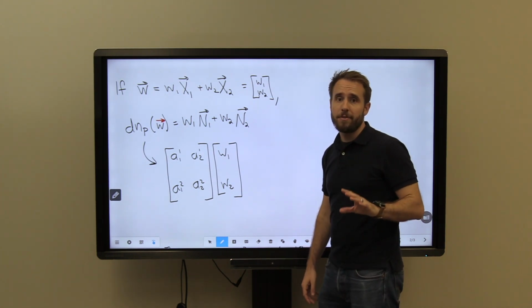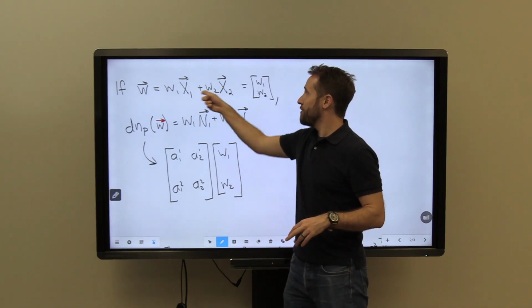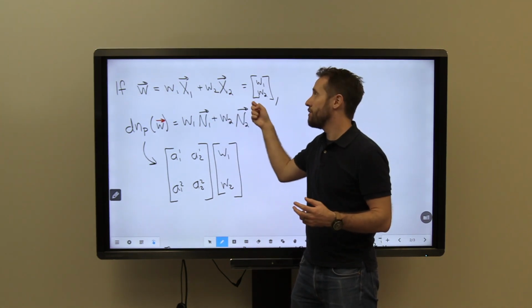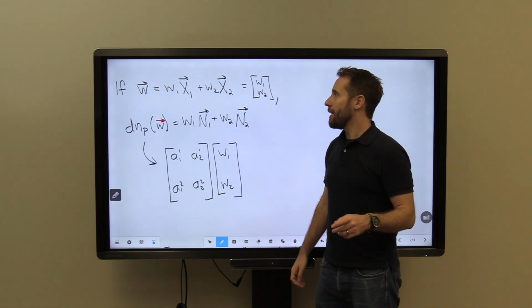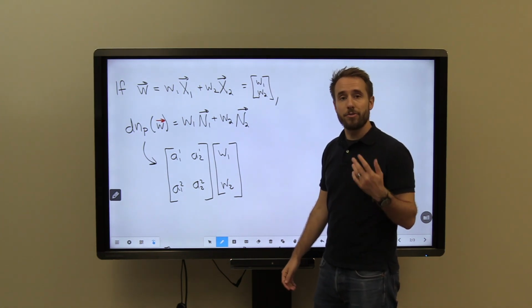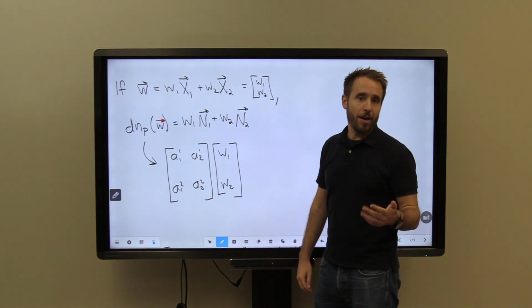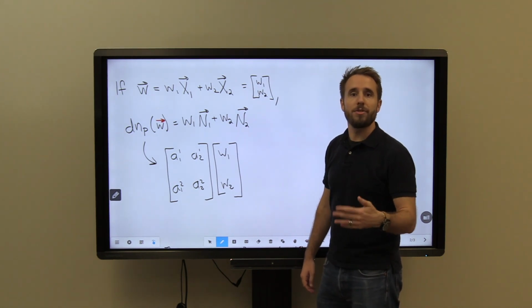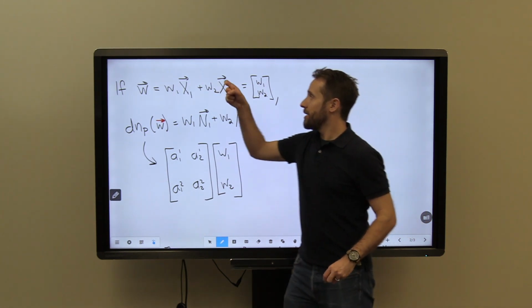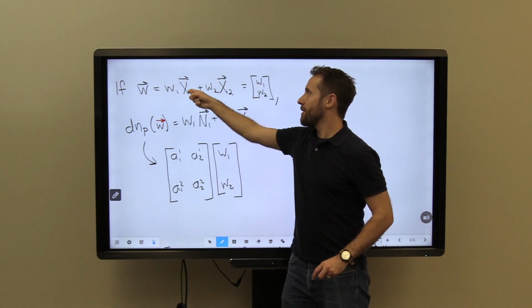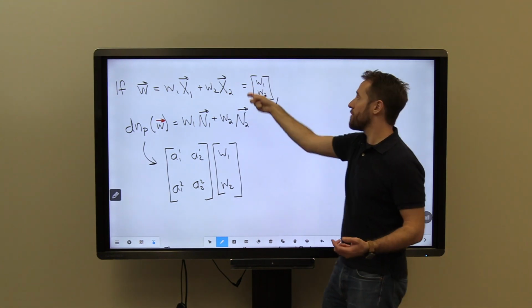Now, for this video, I'm going to be replacing my subscripts u's and v's with the numbers 1 and 2, just because we'll end up doing a lot of subscript i's and subscript j's, and I just want them to be thought of as either representing 1s or 2s, aka either representing u's or v's. So w is written as w1 x sub 1 plus w2 x sub 2 in its component form.